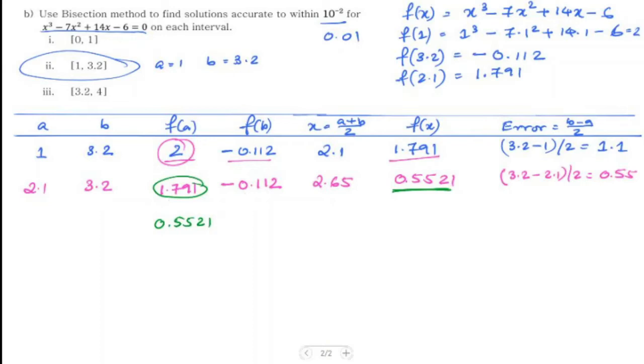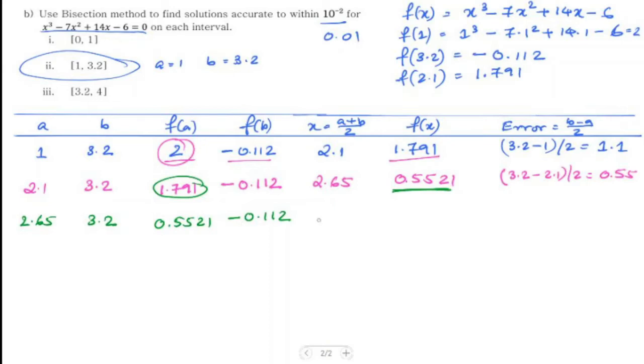Whatever is in f of b will remain, so we'll have 0.112 as it is. And because f of a is replaced by f of x, a will be replaced by the value of x, which is 2.65, and b remains the same. So our root is now in the new interval between 2.65 and 3.2.